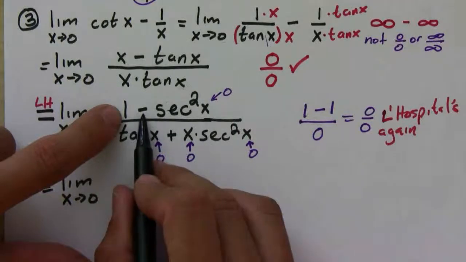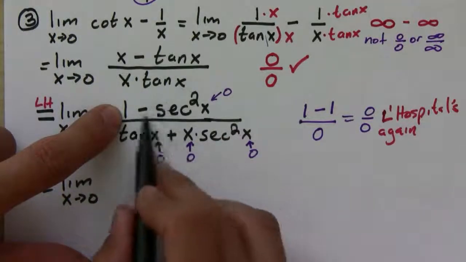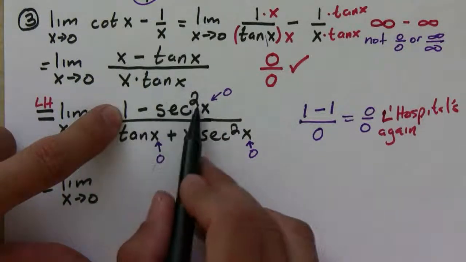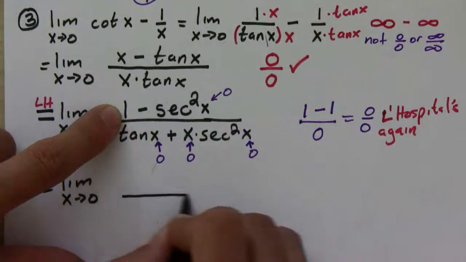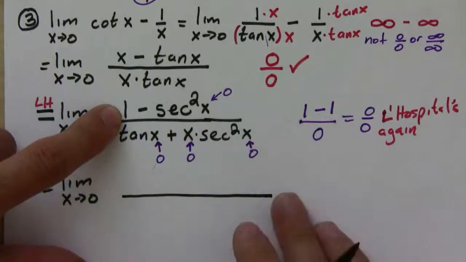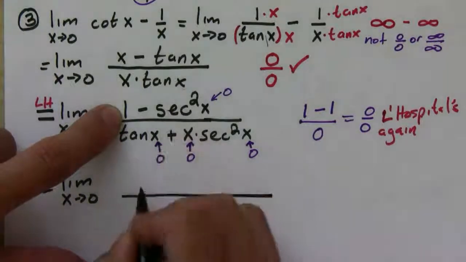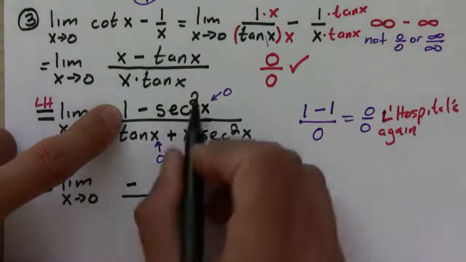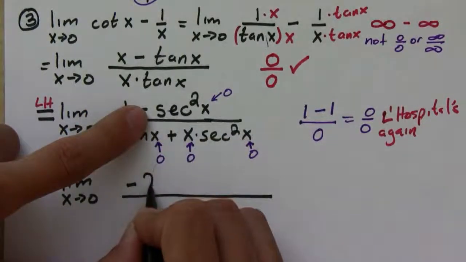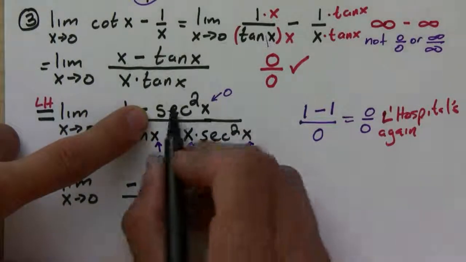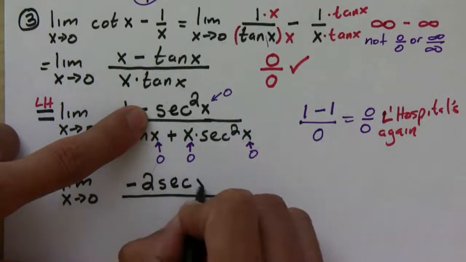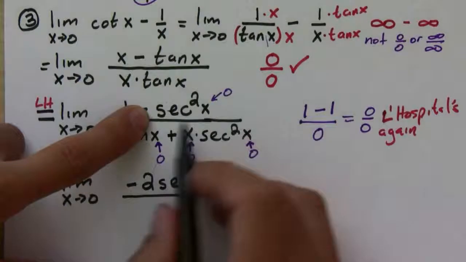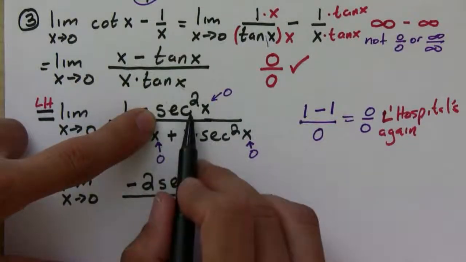the derivative of 1 is nothing, but the derivative of negative secant squared of x, we have to use the chain rule. And so what we have is minus, if we bring down the 2 and leave the inside alone, 2 secant x, and then times the derivative of secant.